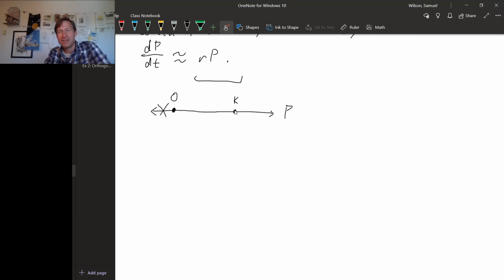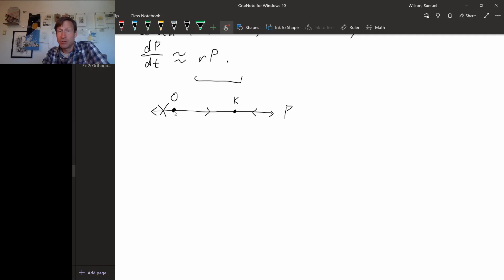And so that means, in addition to having this equilibrium, if we're above the carrying capacity, the population should decrease. If we're below the carrying capacity, that means there's room for more population, and so natural population growth should take over, and the population should increase. So we get this kind of phase portrait.